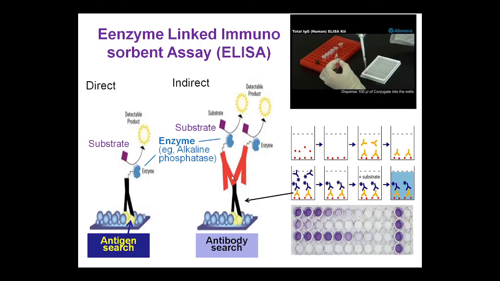Now you see enzyme-linked immunosorbent assay. This is also an assay that may occur in direct and indirect form. What do you take to realize this test? You take a flat-bottom plastic plate.